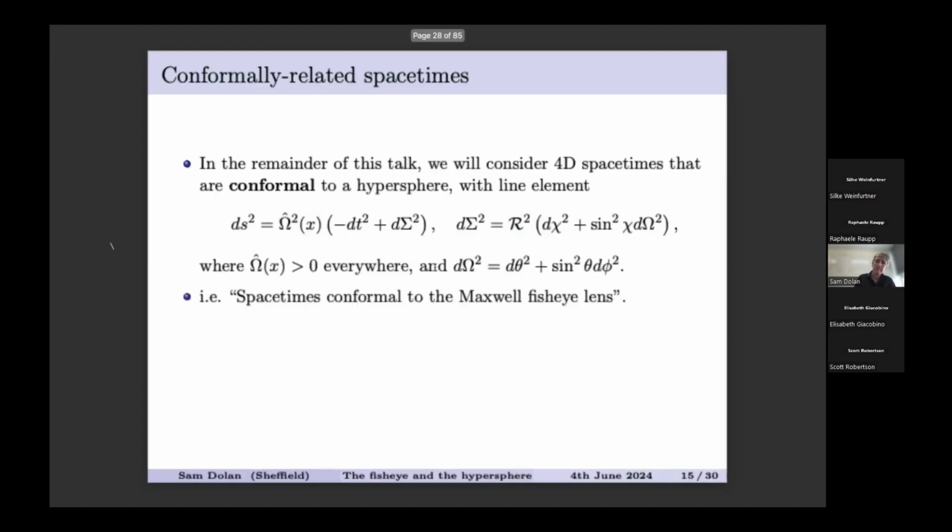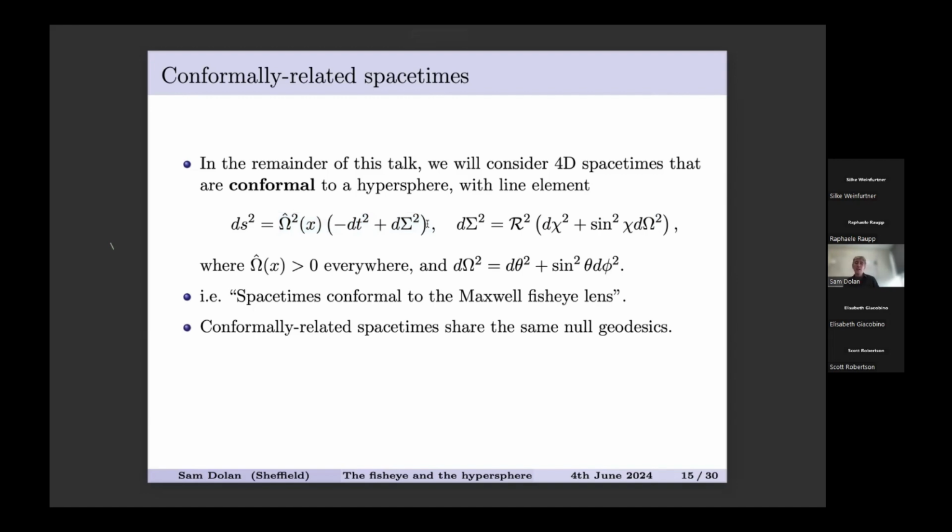And I'm going to say that any such spacetime, well, it's conformal to the hypersphere, and therefore it's conformal to the Maxwell fisheye lens because of the way that the rays will be focused. Why can I say that? It's because conformally related spacetimes share the same null geodesics.